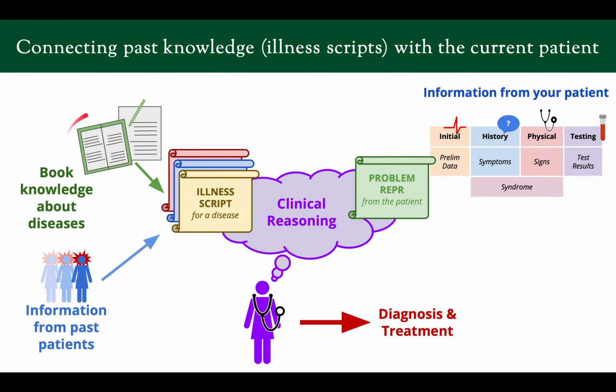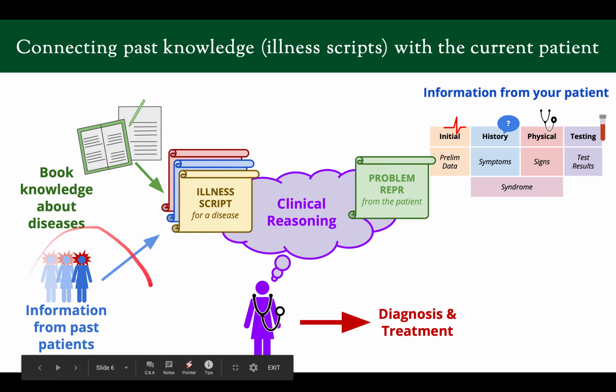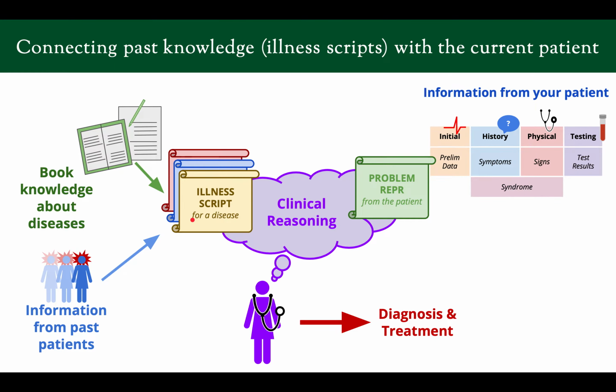So, right, we started off with all of our book knowledge about diseases. And we put those in the illness scripts, right? And also in the illness script goes all the information from past patients that you've seen before. So your illness scripts grow with you over time, over the decades. You're going to be able to, at some point, just recognize a patient that comes in with a kidney stone just by looking at them.